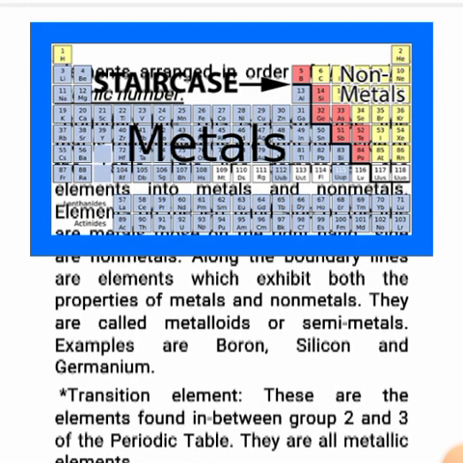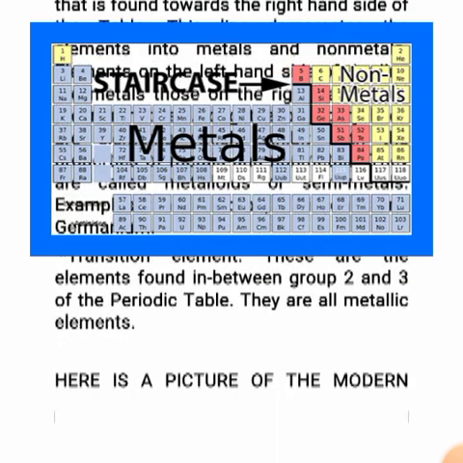Elements on the left-hand side of the line are metals. Those on the right-hand side are non-metals. Along the boundary line are elements which exhibit both the properties of metals and non-metals. They are called metalloids or semi-metals. Examples are boron, silicon, and germanium.